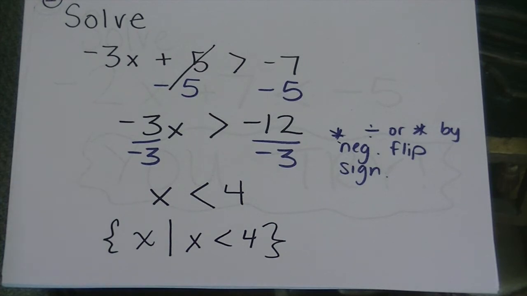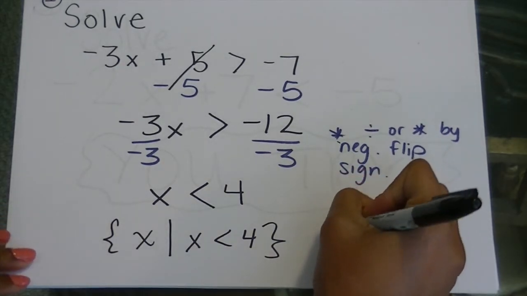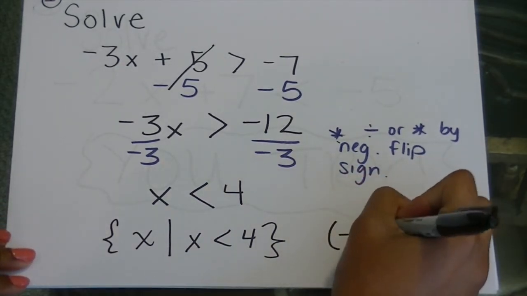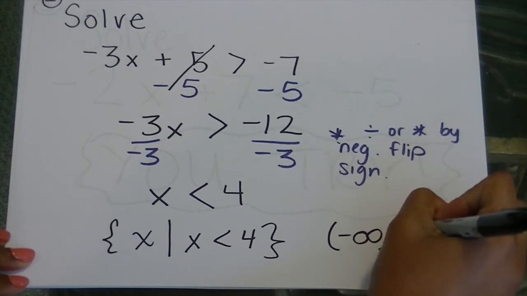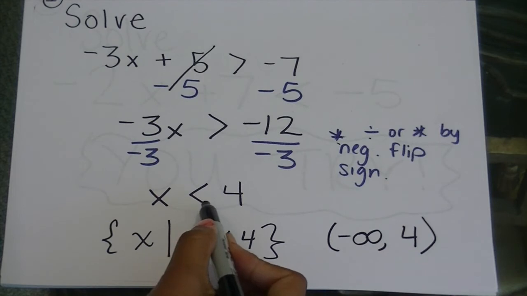Now, if I wanted to write this solution in interval notation, everything less than 4 would be 3, 2, 1, if I'm using integers, but it's everything smaller than 4. So this would be all the way from negative infinity up until 4. And this is an open interval because it says less than 4.